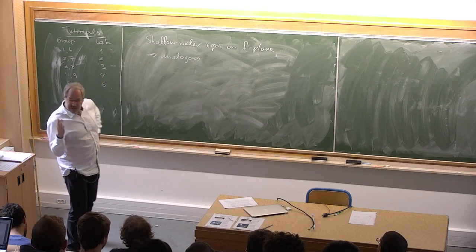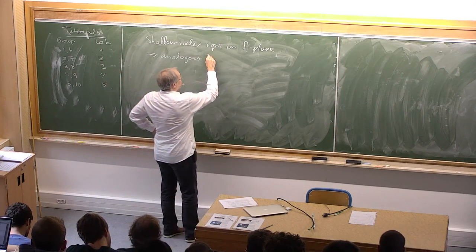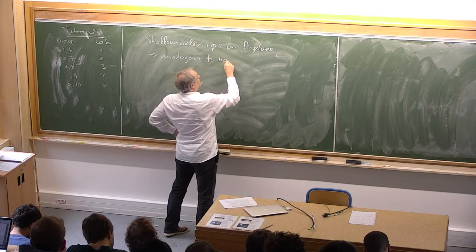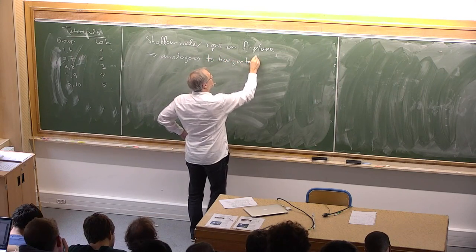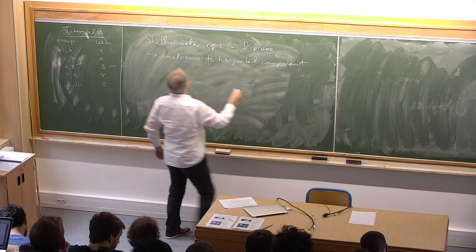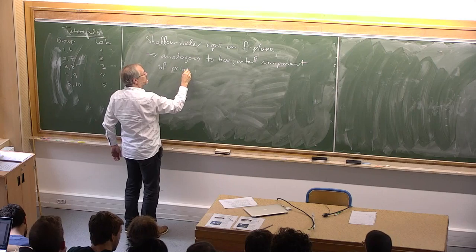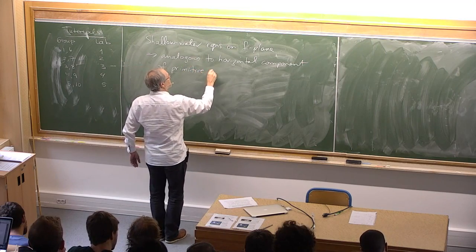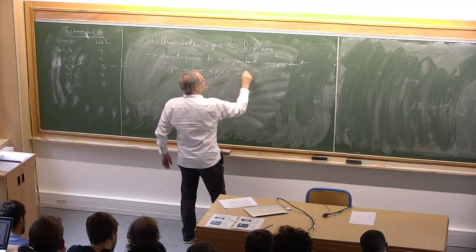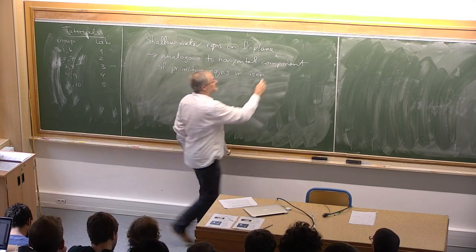In the atmosphere it's not an intuitively natural model, but it's analogous to the horizontal component of the primitive equations, the hydrostatic equations in isentropic coordinates. Isentropic means constant entropy or constant potential temperature.